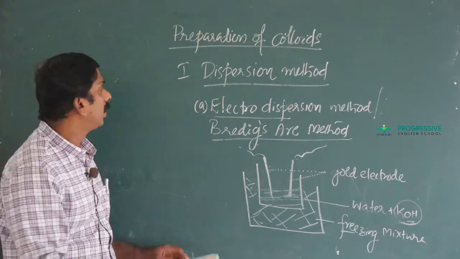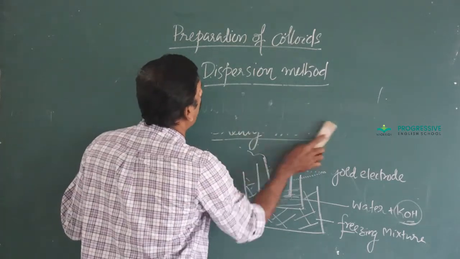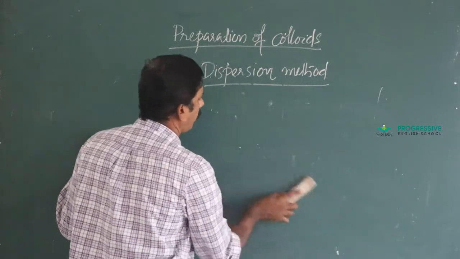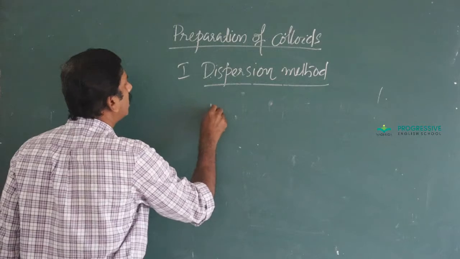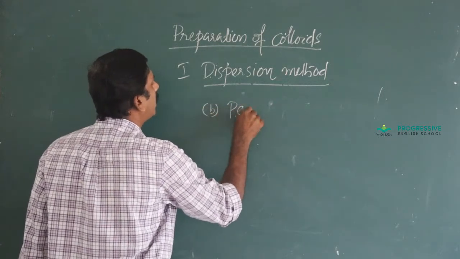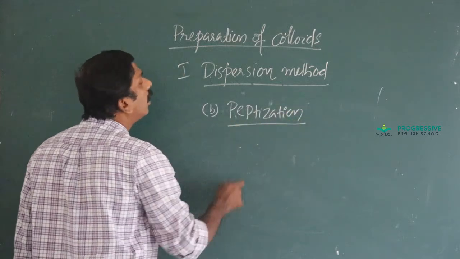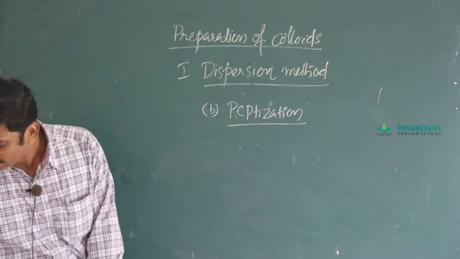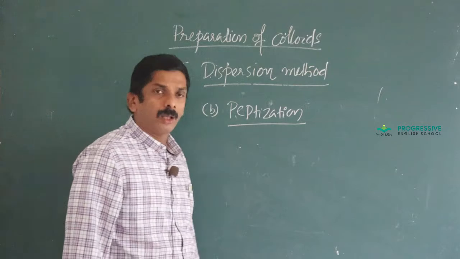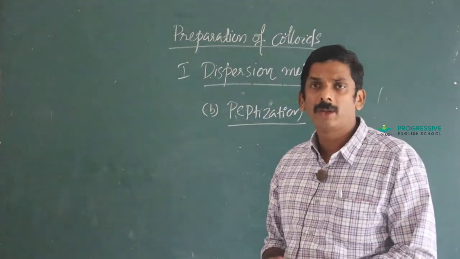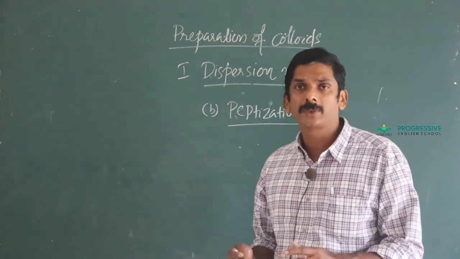And the next method is peptization. That is the second method. In the introduction of this topic, colloids, we said that there are three types of system.